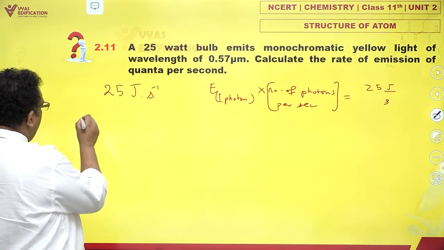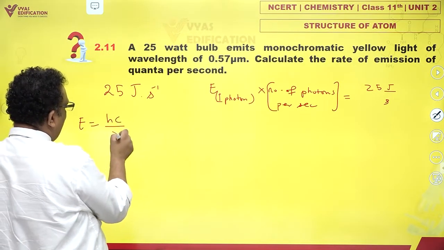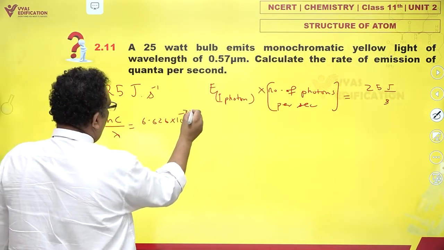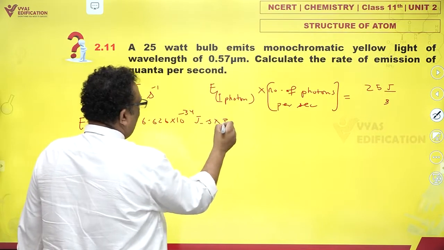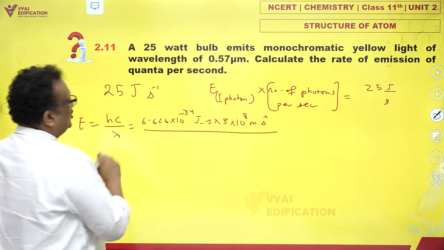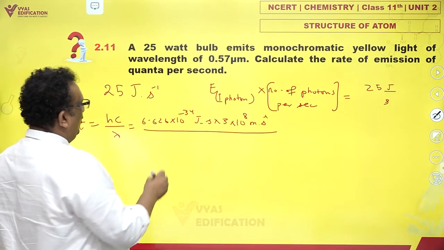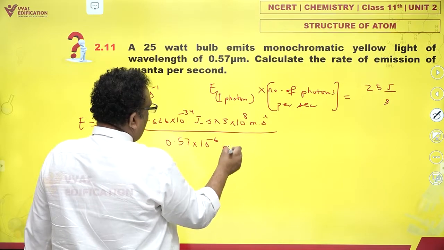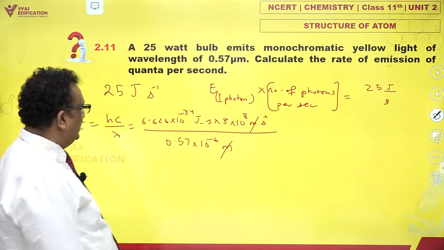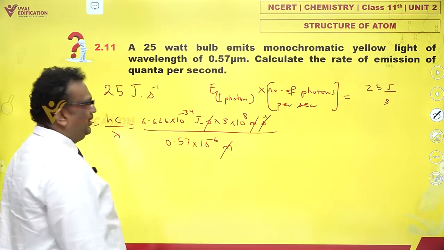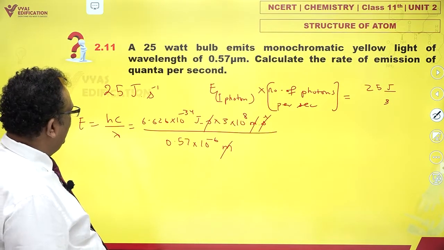E is equal to hc by lambda: 6.626 into 10 to the minus 34 joule second into 3 into 10 to the 8 meters per second, divided by lambda, which is 0.57 into 10 to the minus 6 meter. Micro means 10 to the minus 6. Let me just substitute.